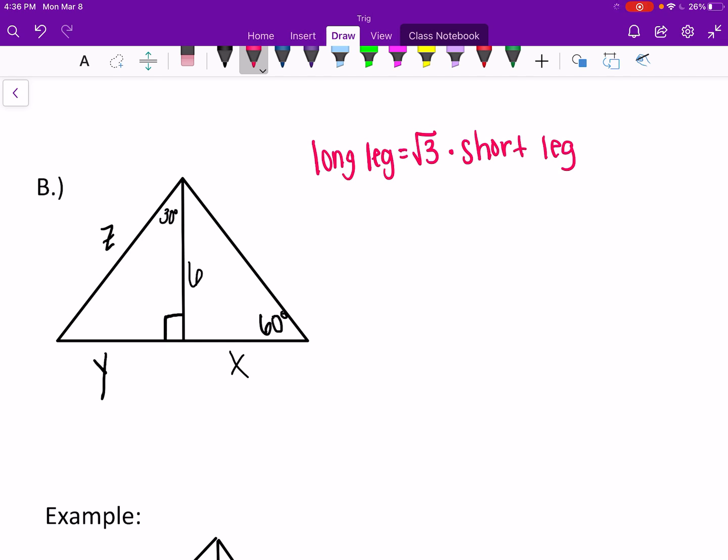We said our long leg, which is right here across from the 60-degree angle, is 6, and our short leg is x. So 6 is equal to the square root of 3 times x. To solve for x, I need to divide both sides by the square root of 3. So x equals 6 divided by the square root of 3.